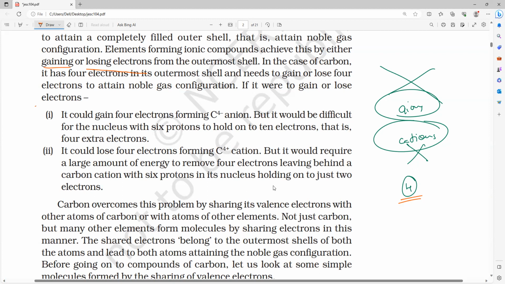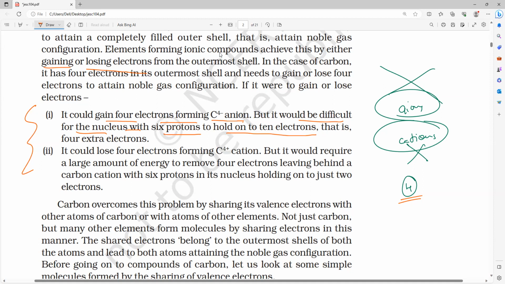The reasons they have given you here: it could gain 4 electrons forming a C4 minus anion. It can, but it cannot be, because it is difficult for a nucleus with 6 protons to hold 10 electrons. Why can't it gain the 4 electrons?